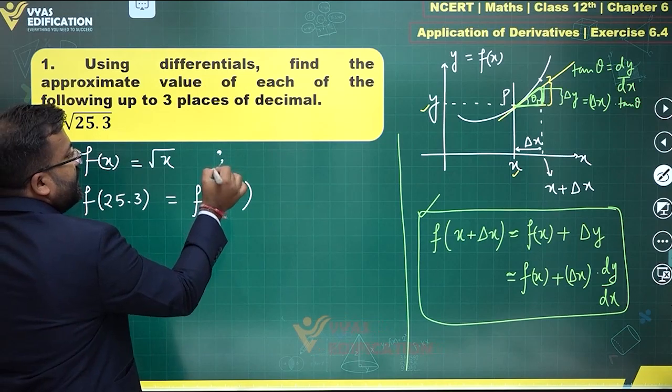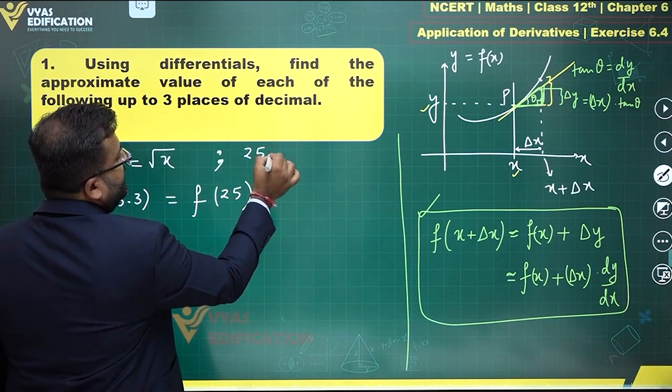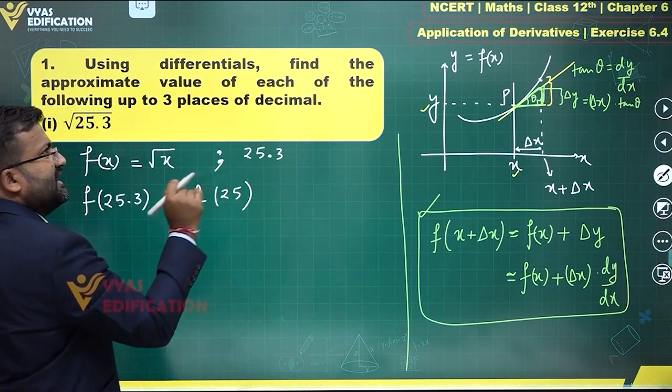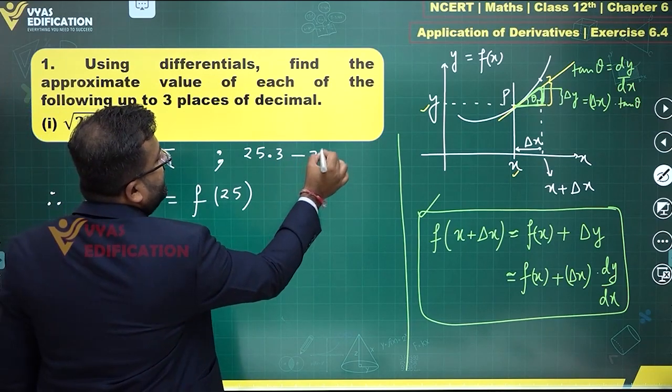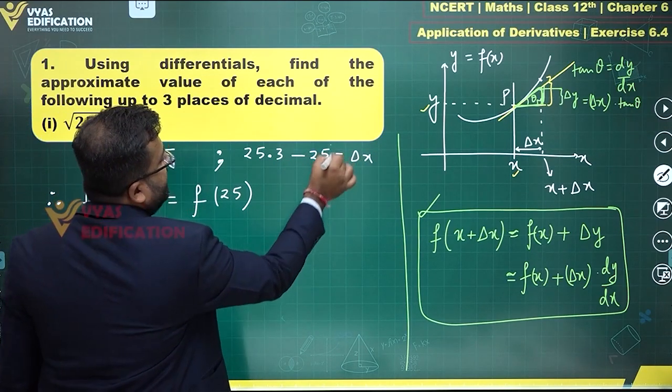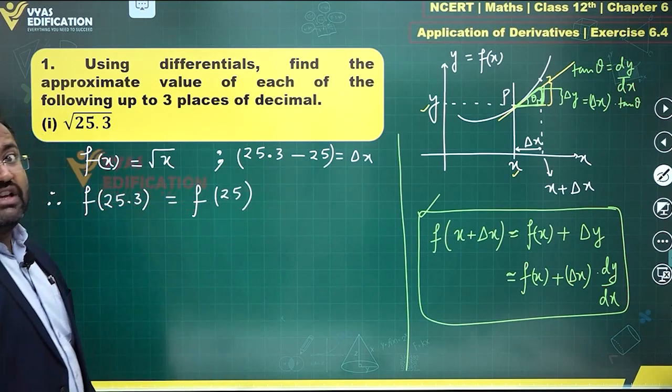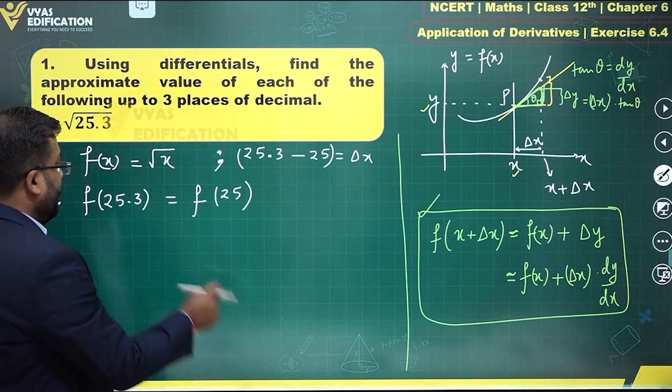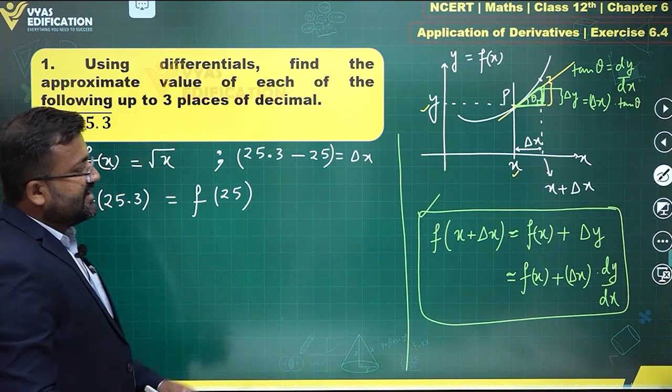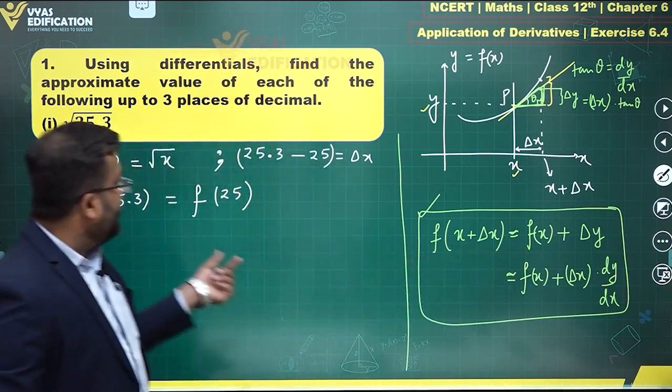25.3 is something which is asked, and 25 is something that I know of. The difference of these two values is what you call delta x. Can you please observe? x is 25, x plus delta x is 25.3.